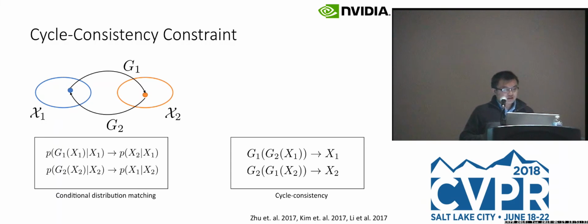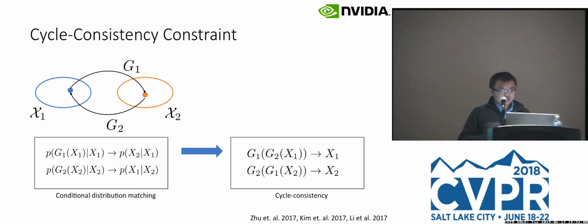But for image-to-image translation, what we want is the conditional distribution: given the input, the corresponding output nighttime image should match the real one. So I would like to say that if we have the conditional distribution matching, then we will have the cycle consistency matching.